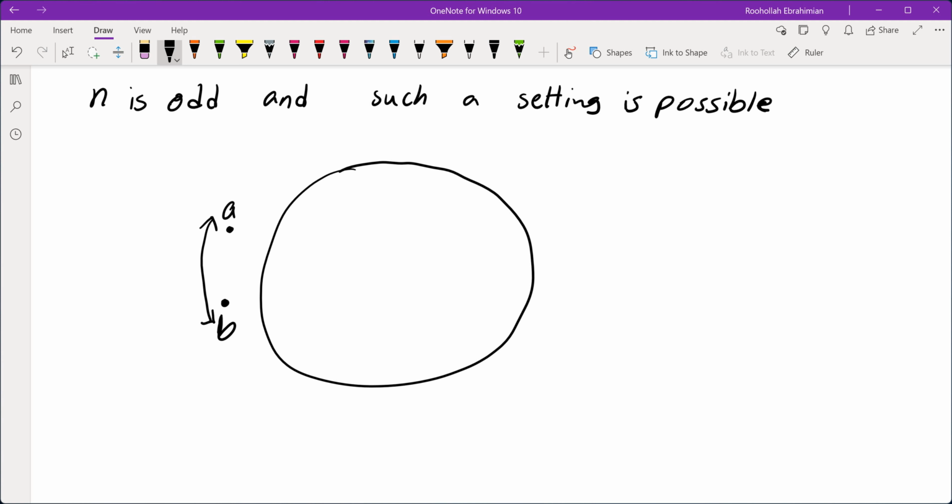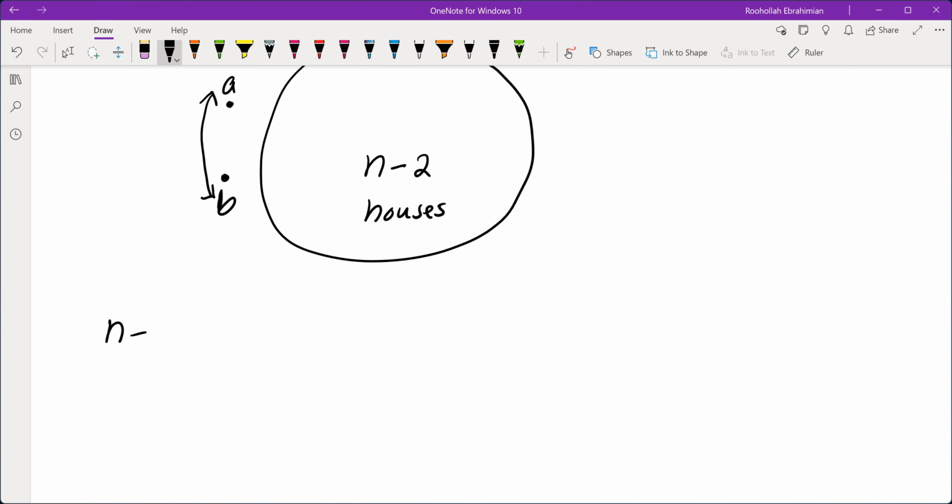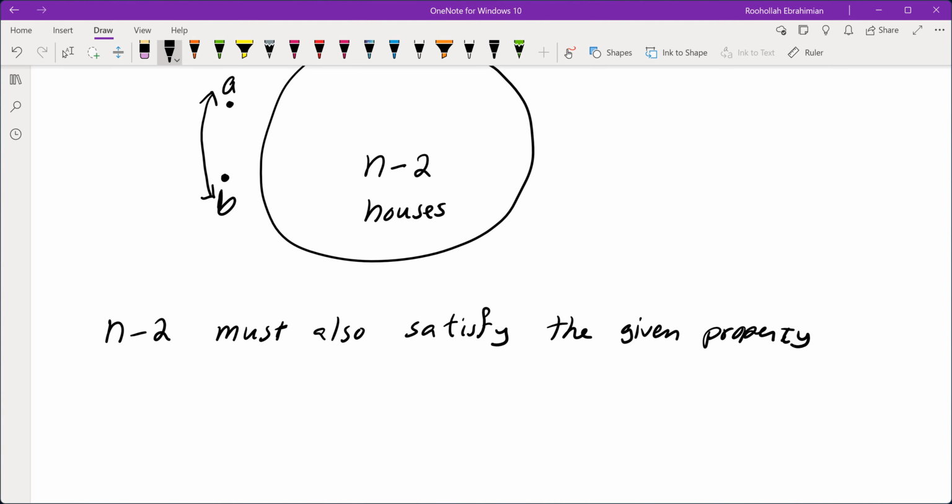It means the remaining n minus 2 houses must also satisfy the property that we are given. So n minus 2 must also satisfy the given property. But that is a contradiction.